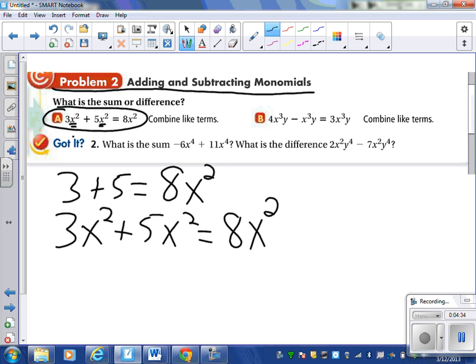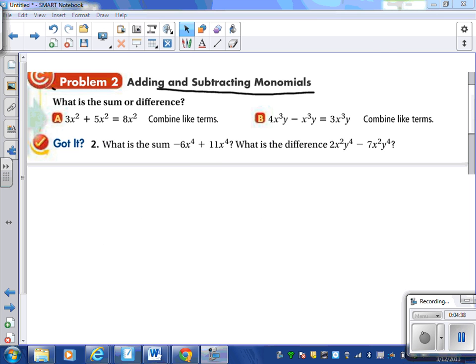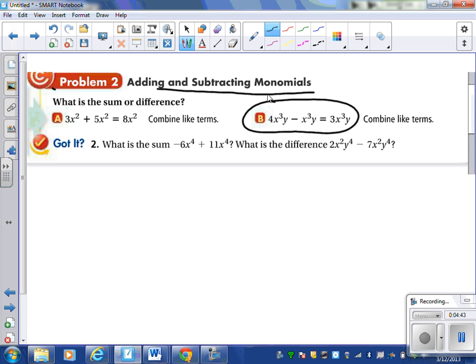Combine like terms. For example B, where we have 4x to the third power y minus x to the third power y, how do we get that answer? What we did was we take 4 x to the third power y minus x to the third power y.